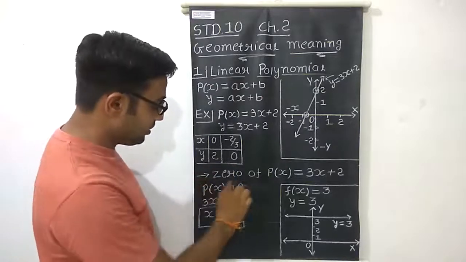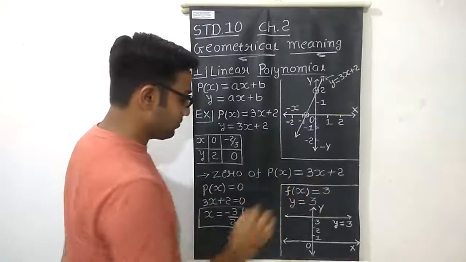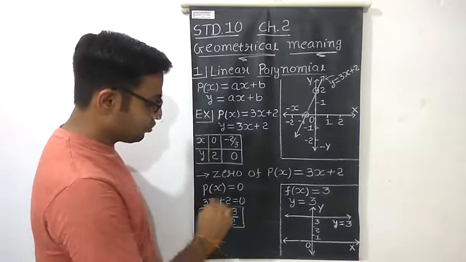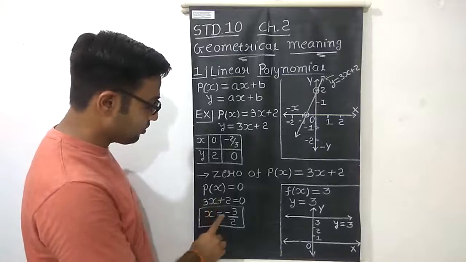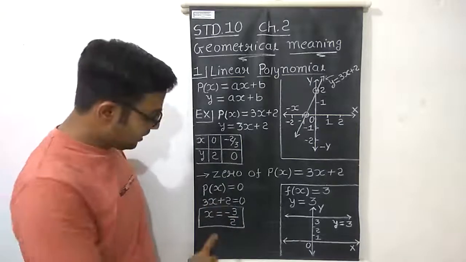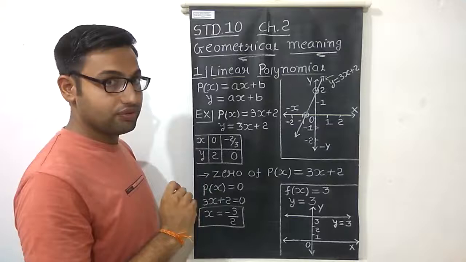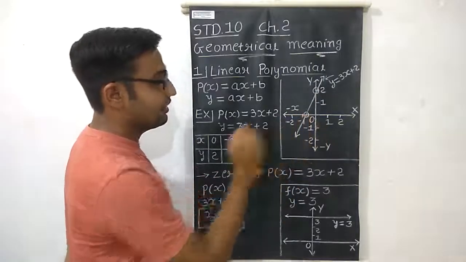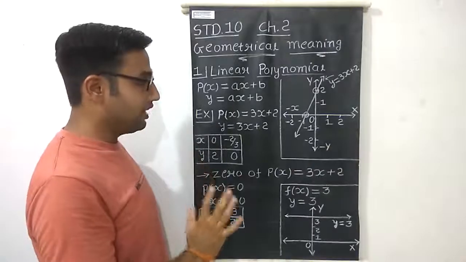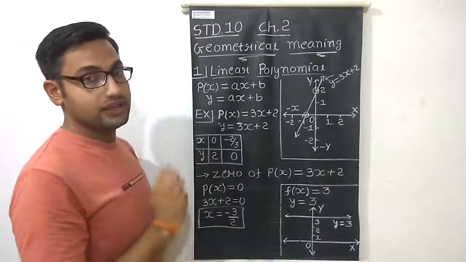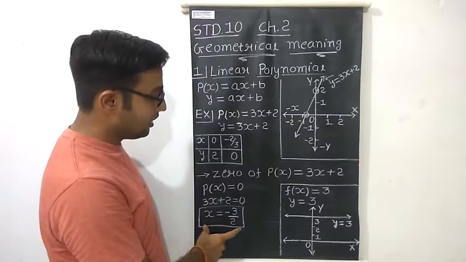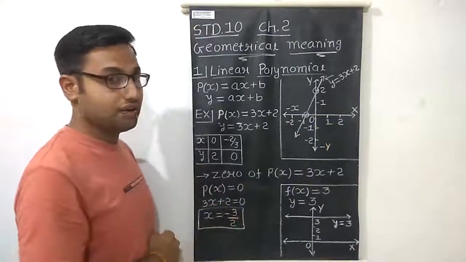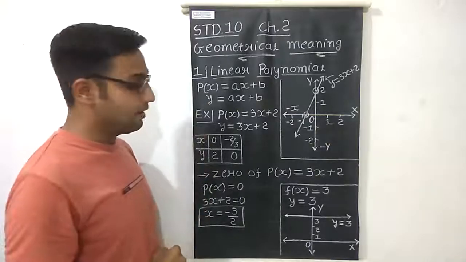To find the zero of p of x equals 3x plus 2, we set p of x equals 0. So 3x plus 2 equals 0 and x equals minus 2 upon 3. Here we get only one zero. As I said, this graph touches the x-axis in one point only, so we get one zero only. So these two things match one another, and you have to understand that.